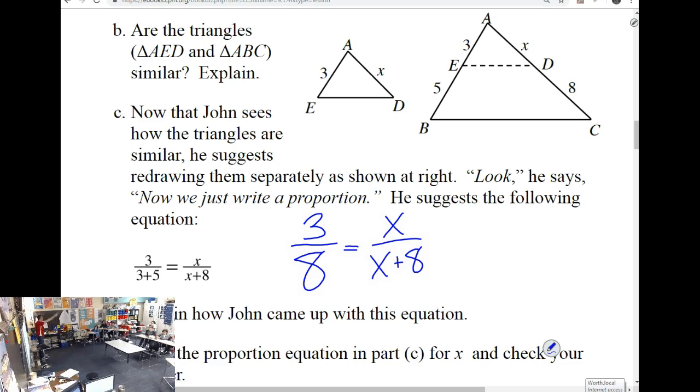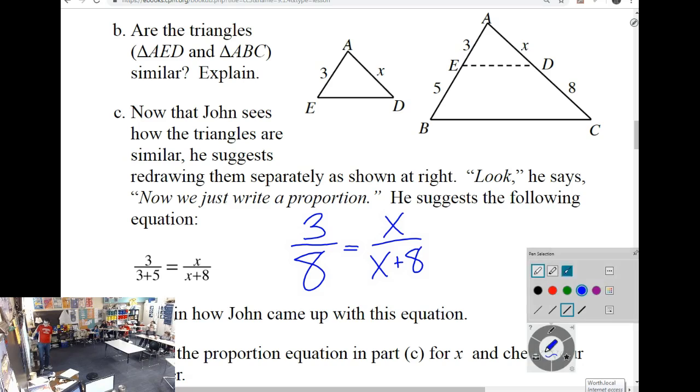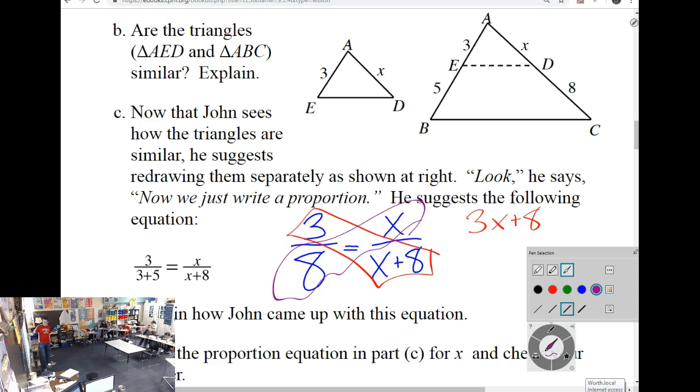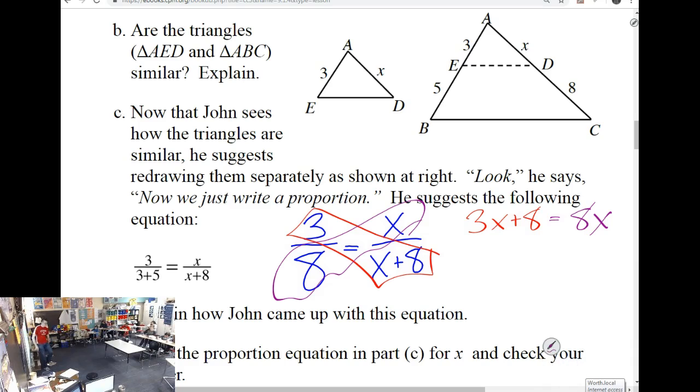We can cross multiply always, right? A fraction equal to a fraction, we're allowed to cross multiply. So if we do that here, now be careful, 3 has to multiply by x and 8. So we get 3x plus 8 equal to 8x, right?